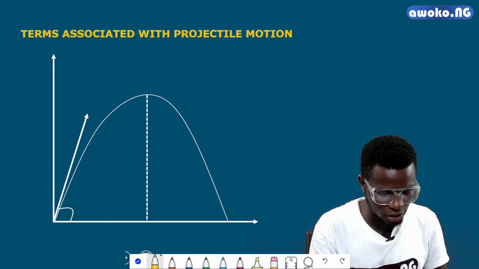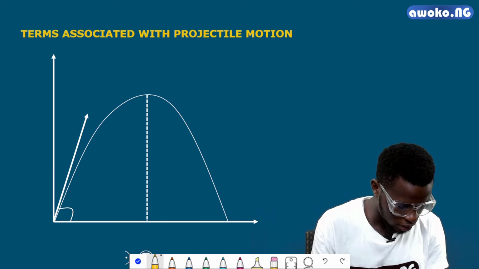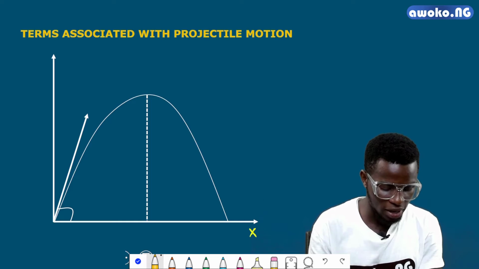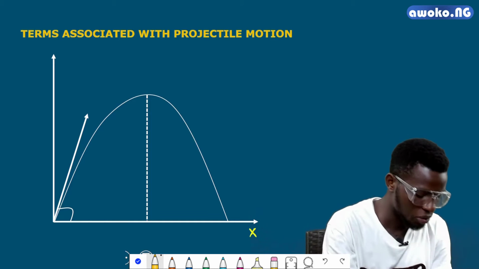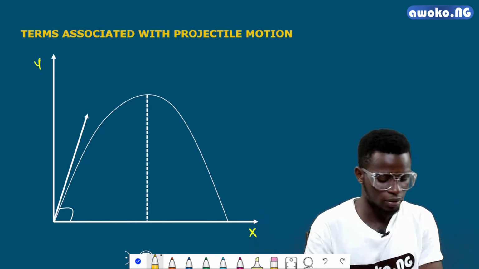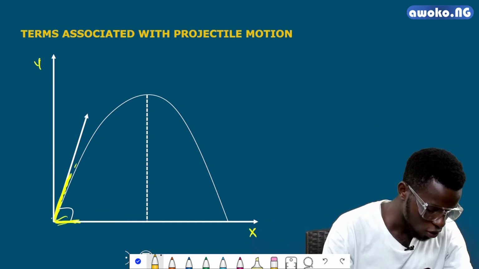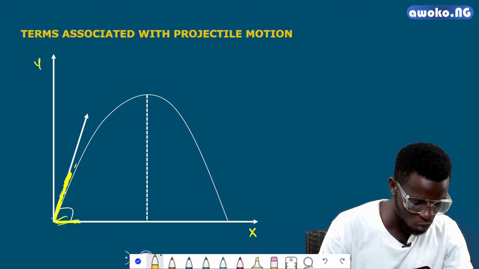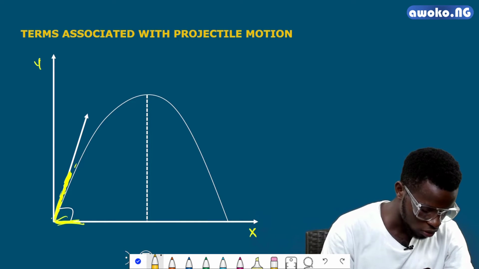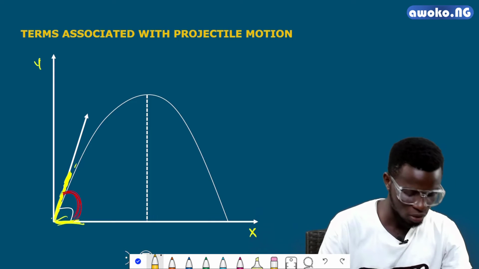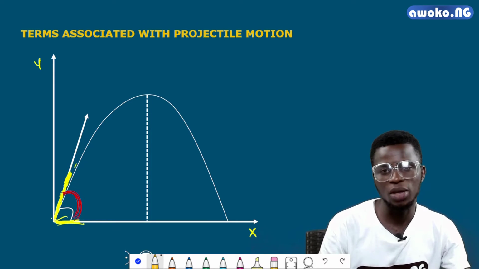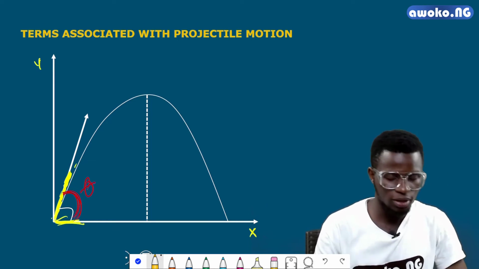The horizontal plane shows the displacement or the distance covered, which we can represent with x, and then we represent the vertical plane with y. So the angle of projection is the angle which this direction of projection makes with the horizontal. Most times we represent it with the symbol theta.